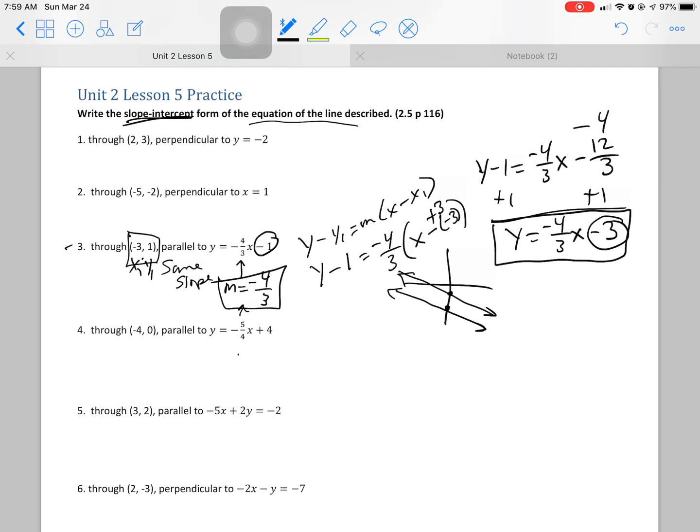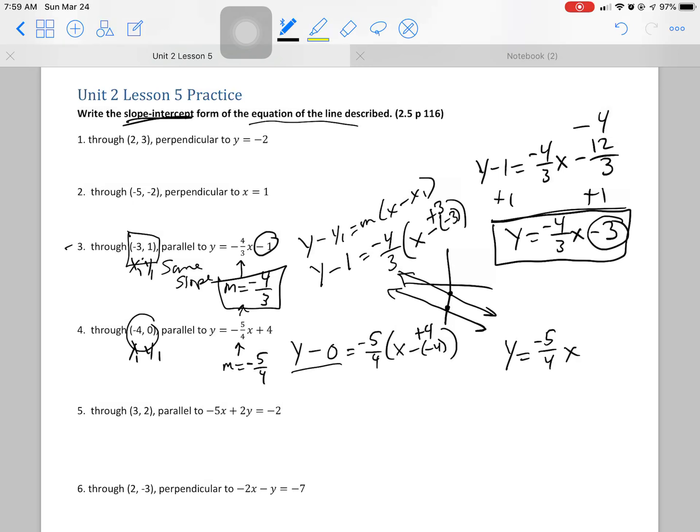Parallel to this one. So this has a slope of this, and it wants to go through here. Point slope. This is x1, y1. Y minus 0 equals -5/4 times x minus a -4. That's the same as a +4. This is going to turn into just a y.